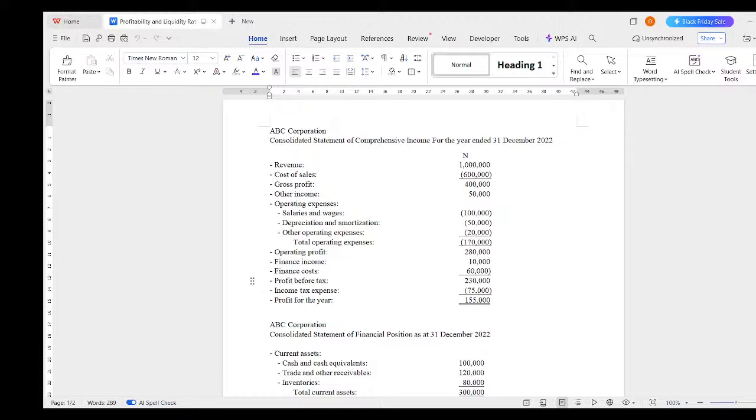Okay, that's the question on profitability and liquidity, on profitability ratio and liquidity ratio.